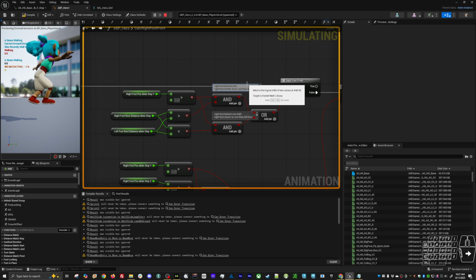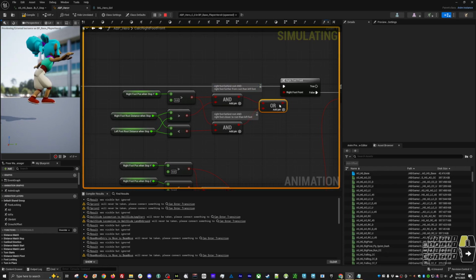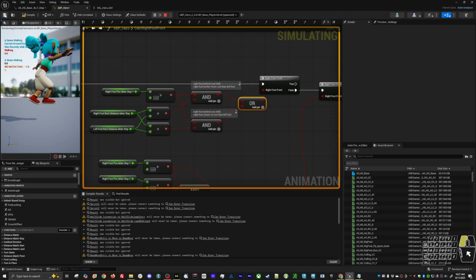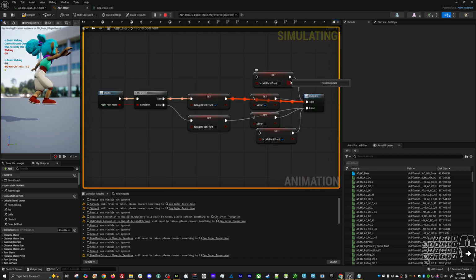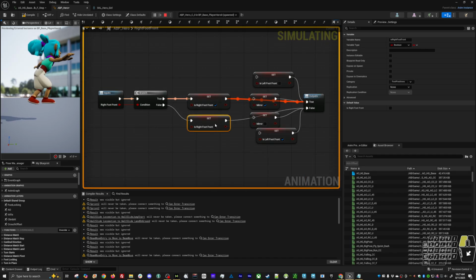On this one, right foot is behind the root, and the right foot is further from the root than the left foot. All right, there we go. Let's save that. So we're checking to see if that is true. If it's false, we come down here and we say the right foot is not in front.